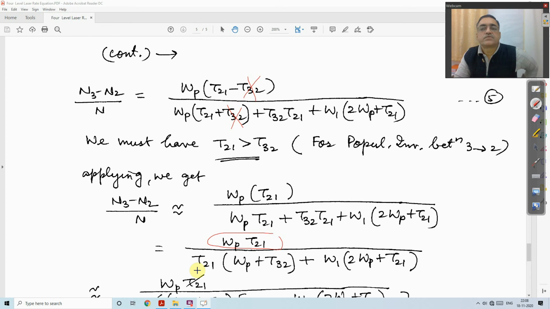Then I take T21 common, then WP T21 plus T32 plus W1, and this bracket is there.